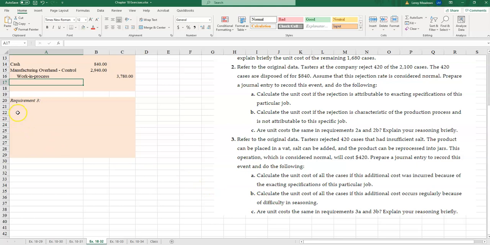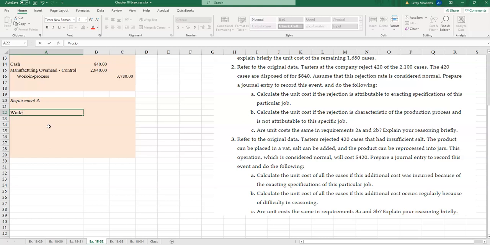So let's take a look here. We have a rework situation where we're going to add additional, in this case, materials to the job. So what am I going to do? In requirement A, I'm going to charge the job the extra $420. Why? Because this cost was incurred because of the specifications of that particular job itself.